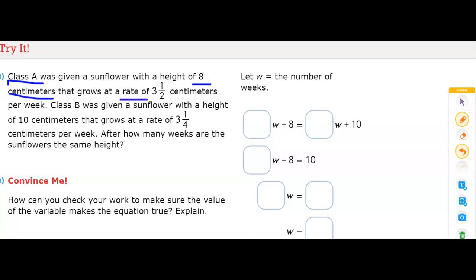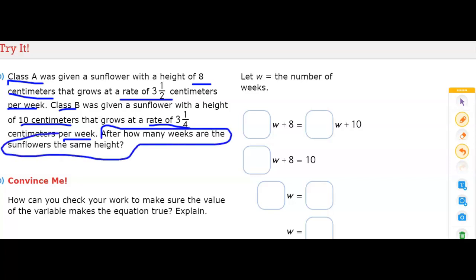It grows at a rate of 3 1/2 centimeters per week. And then Class B is given a sunflower with a height of 10 centimeters that grows at a rate of 3 1/4 centimeters per week. Question is, after how many weeks are the sunflowers the same height?